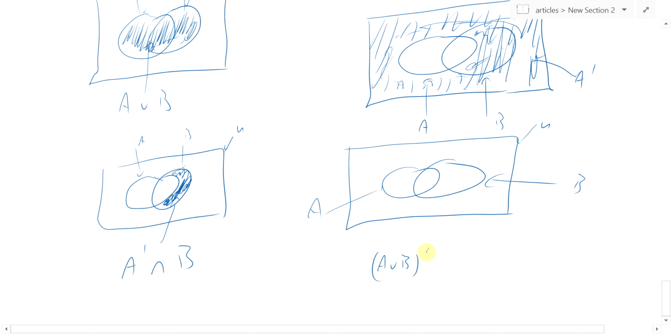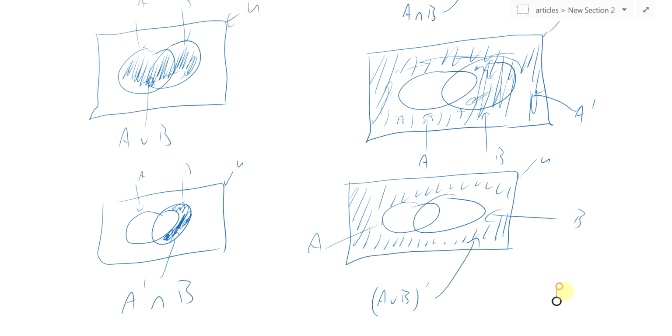A union B complement would be everything that's inside the box that's not in the two circles, so that has to be everything that's outside of the two circles. Okay, so if you know the notation and you've got the diagram, you can figure out, given a particular notation, which region of the box you're talking about.